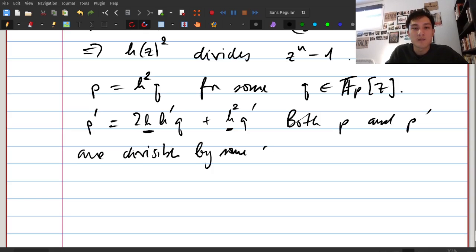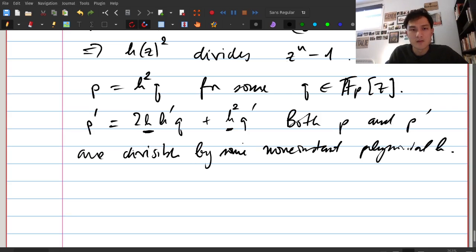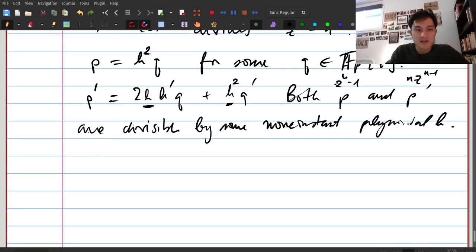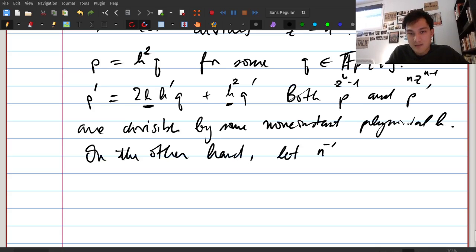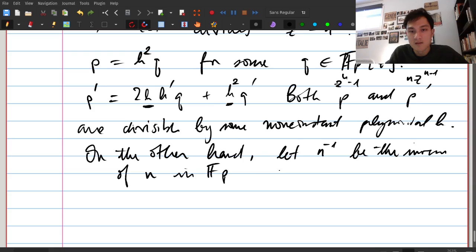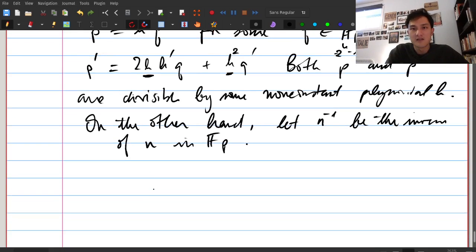So both p and p prime are divisible by some non-constant polynomial h. So what is p? This means p is z to the n minus 1, and p prime is n z to the n minus 1. But now we're going to get to a contradiction, because on the other hand, we just let n inverse be the multiplicative inverse of n in F_p, and we can just divide those polynomials.